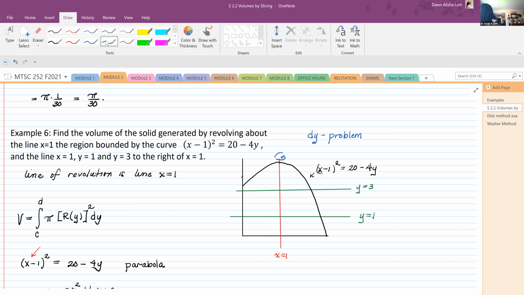My region is this area right here, and I want to revolve that about x equals 1. When I revolve it about x equals 1, I'm going to get something on the other side that looks like that. And so I'm going to choose a value here, start on the curve, and revolve that thing.